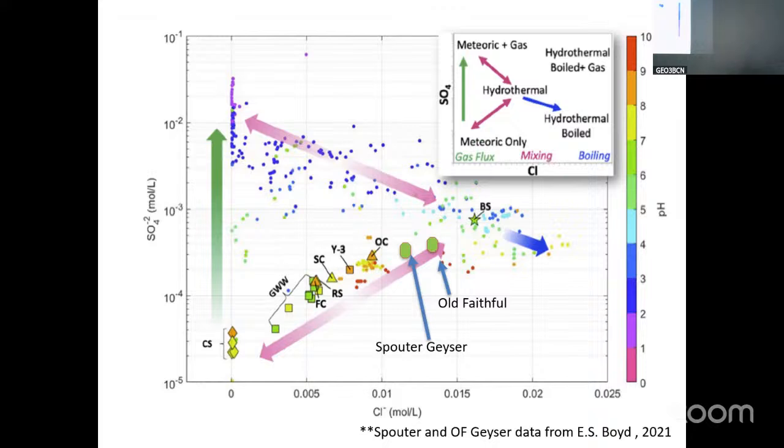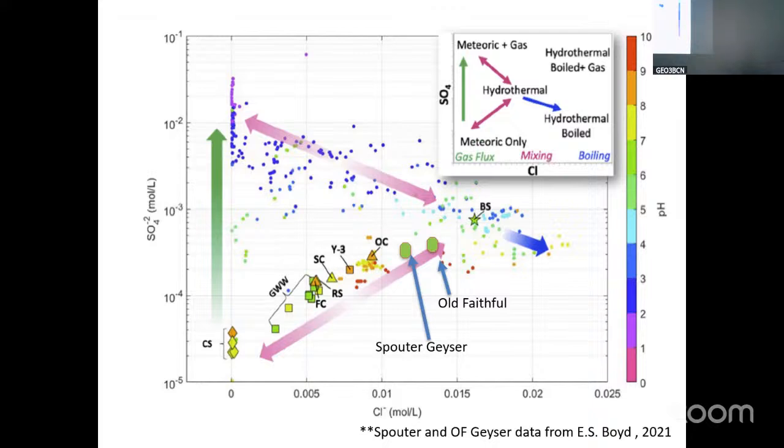But as you trend down either this line or this line, you're going more towards a hydrothermal state. So waters that are coming from deeper and having very little surface influence. If we look at most of the features around Yellowstone, they kind of plot on this sort of mixing line where you're trending towards a hydrothermal system.